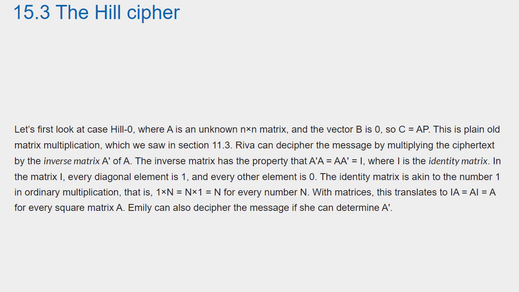In the matrix I, every diagonal element is 1, and every other element is 0. The identity matrix is akin to the number 1 in ordinary multiplication, that is, 1 times n equals n times 1 equals n for every number n. With matrices, this translates to IA = AI = A for every square matrix A. Emily can also decipher the message if she can determine A'.